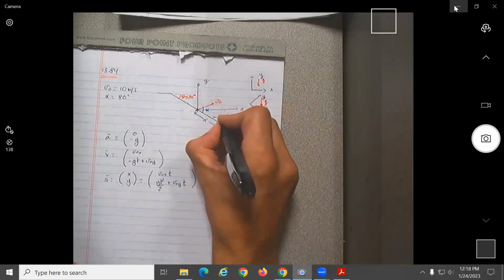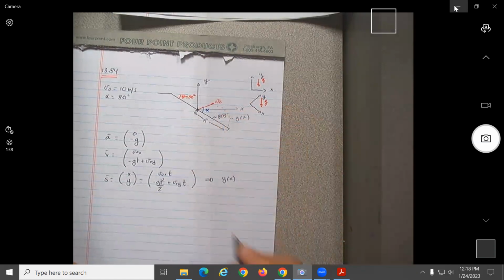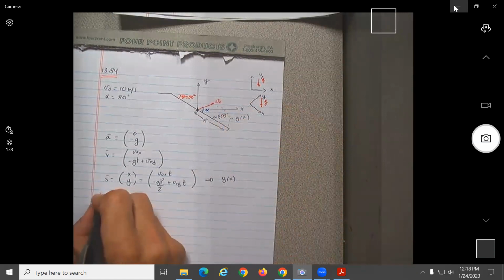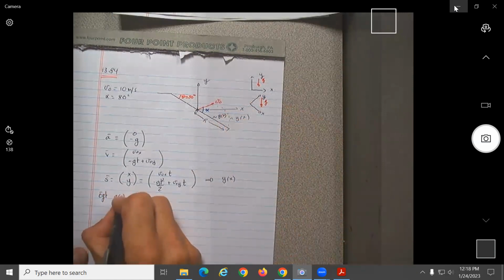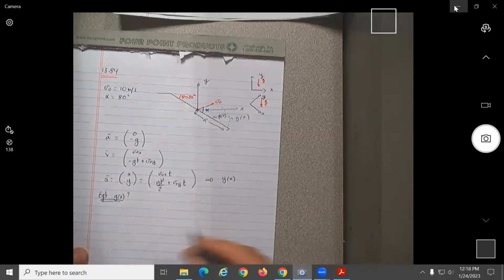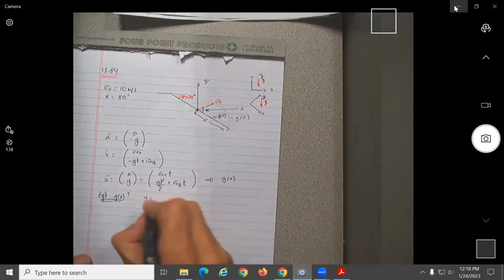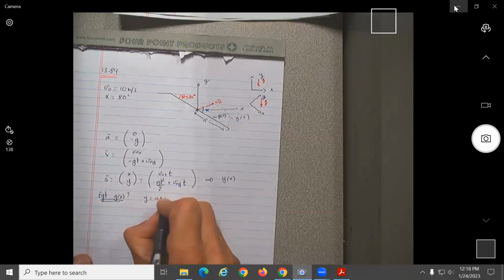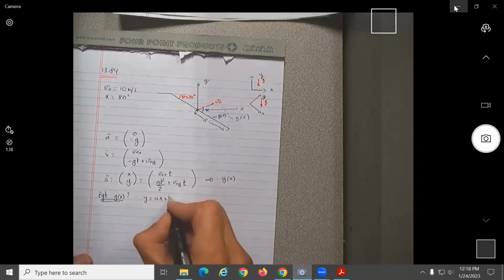Let's call this one g of x, okay? What would be the equation of that curve? It is of the form y equals a x plus b, no? So this is 0.